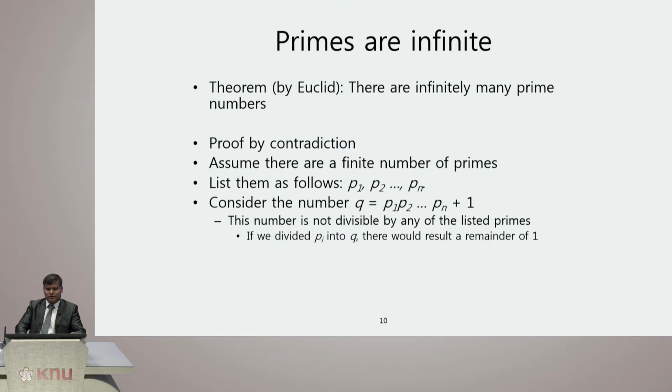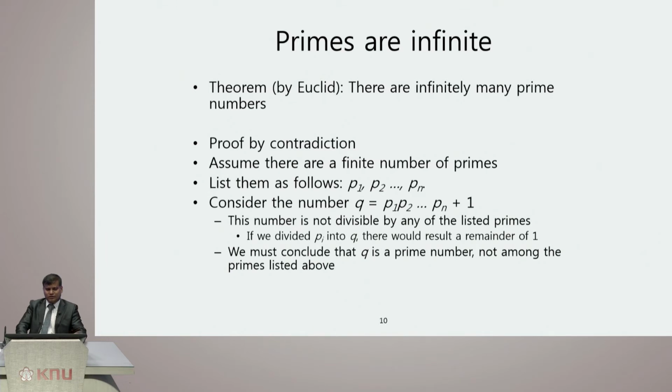So we have a number q, and this number q equals P1 times P2 till Pn plus 1, and this number is not divisible by any of the listed prime numbers. So the listed prime numbers are P1, P2, P3 till Pn. So none of these numbers can be used to divide the given number q.